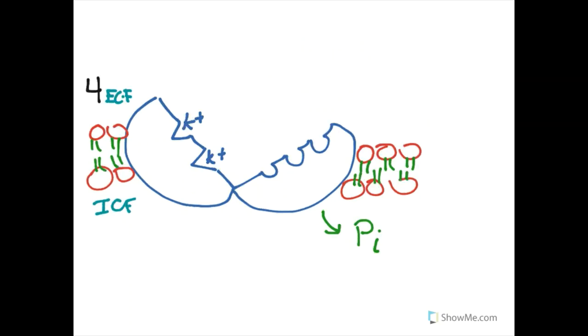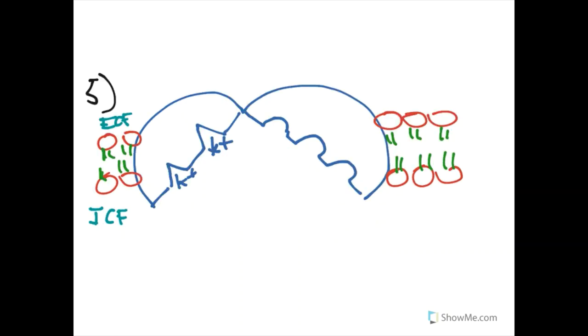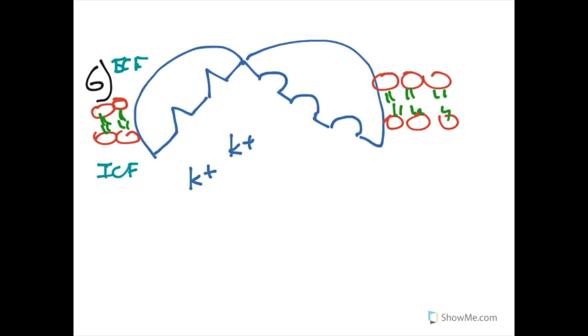Then that will increase the affinity for potassium. Potassium binding will let go of the phosphate, which will put it back to its original shape. That then will release potassium and put it back to step 1. And this pump cycles thusly continually as long as you can supply it energy.